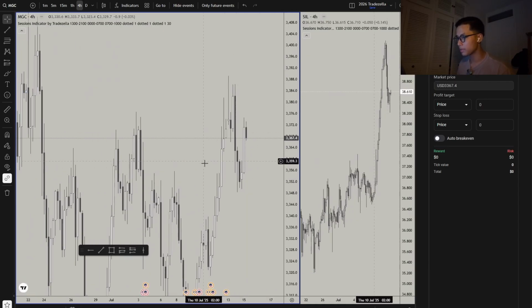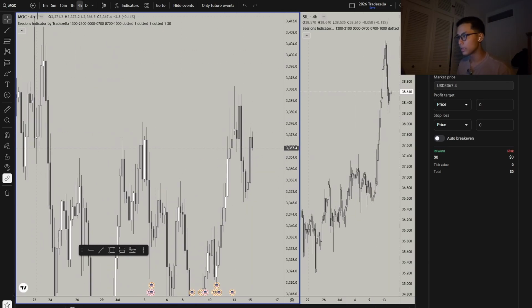Where is price respecting? And guys, we're trying to backtest micro gold futures and SMTs against silver, and we can also take trades on silver if the opportunity is quite good.